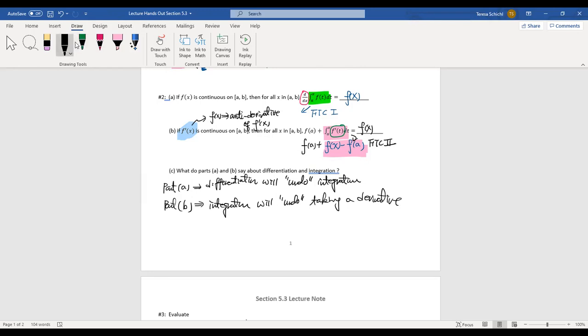All right, so now let's summarize. If you combine these two, what do we have?